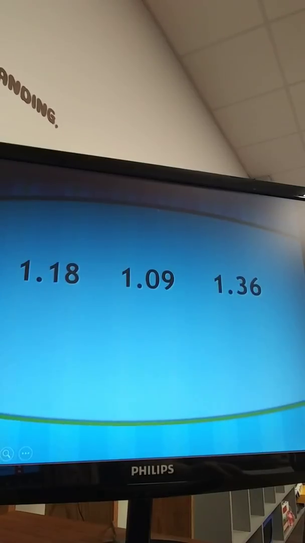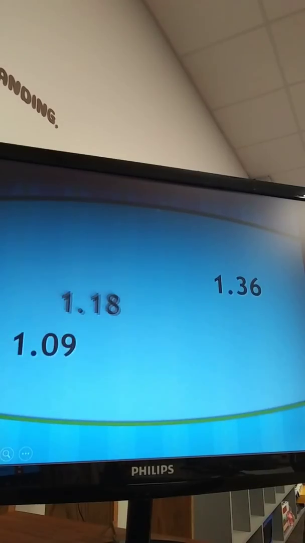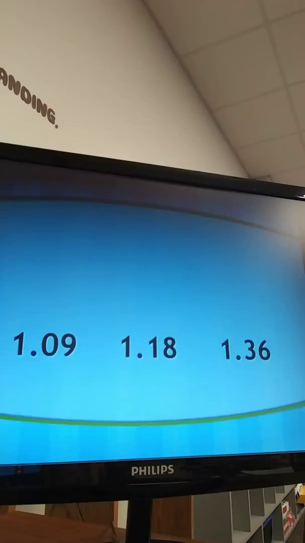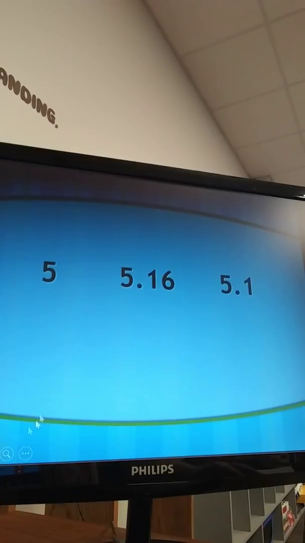Okay, same thing here. Think of this as $1.18, $1.09, and $1.36. Should be very easy then to put them in order. Okay, now you run into a little difficulty, not too much, because you can think of this one as $5, $5.16, $5.10.